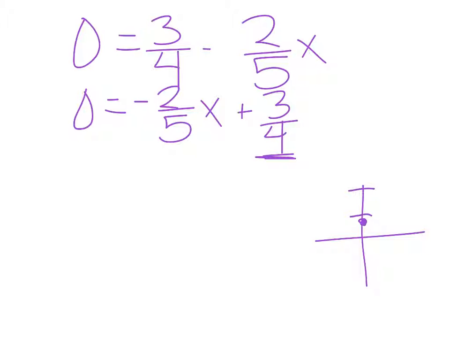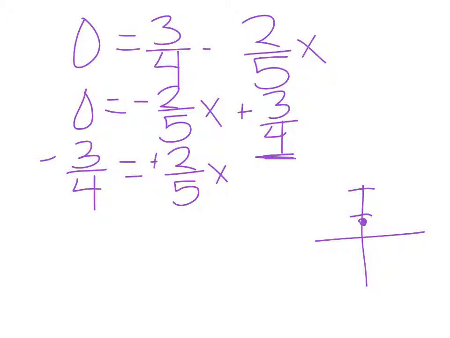Now, what I could do to find the x-intercept, since I already have 0 in for y, because remember, you want to find x-intercept, put 0 in for y, which is what they did. So I could subtract 3/4 from each side to get this.